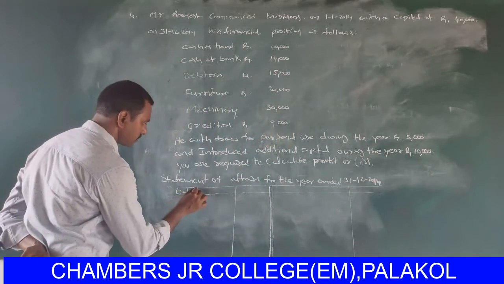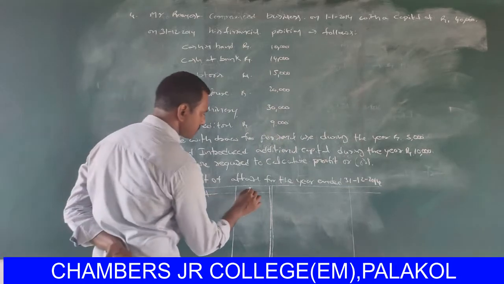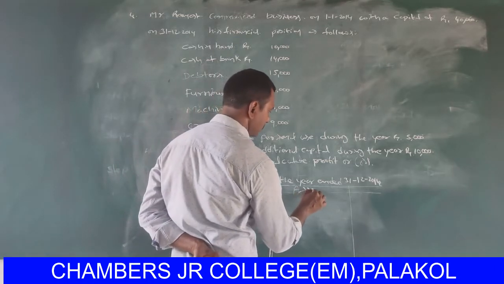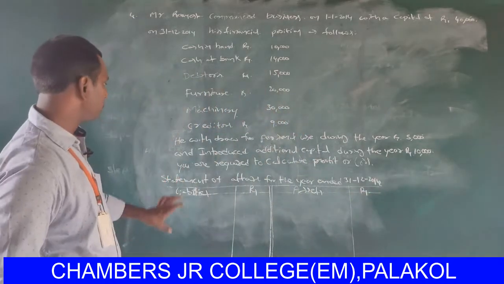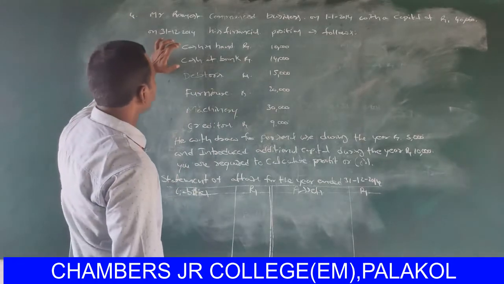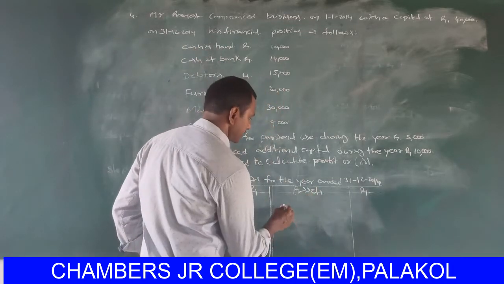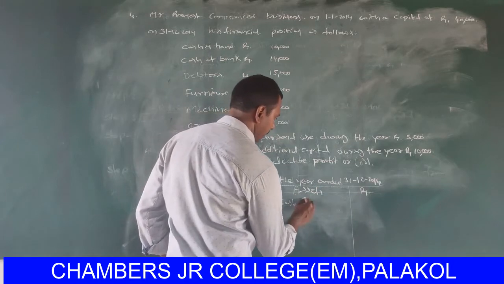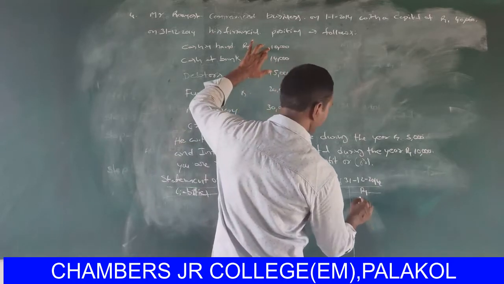Liabilities, rupees. Assets, rupees. Here, cash in hand is an asset, so it is taken into the asset side. Cash in hand: rupees 10,000.